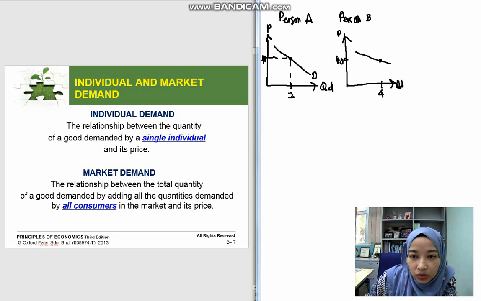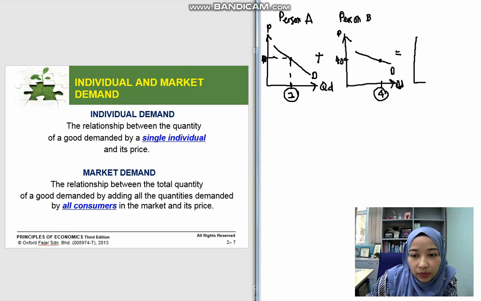So you have demand by person A, which is 2, and demand by person B, which is 4. Assuming there are only 2 persons in the market, the total market demand is 2 plus 4. So you add the demand by person A and demand by person B, and you will have the total demand.